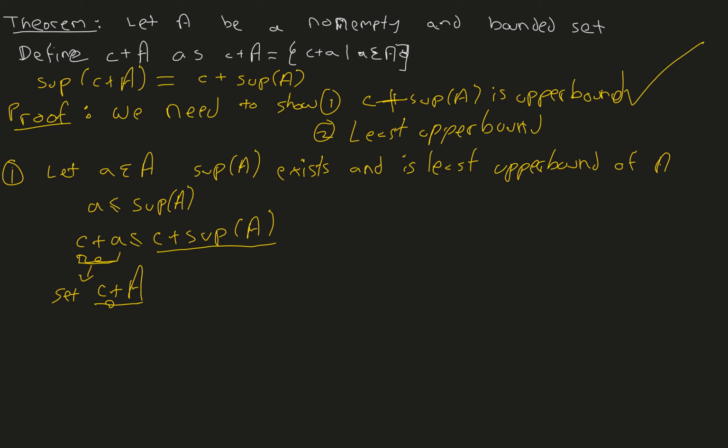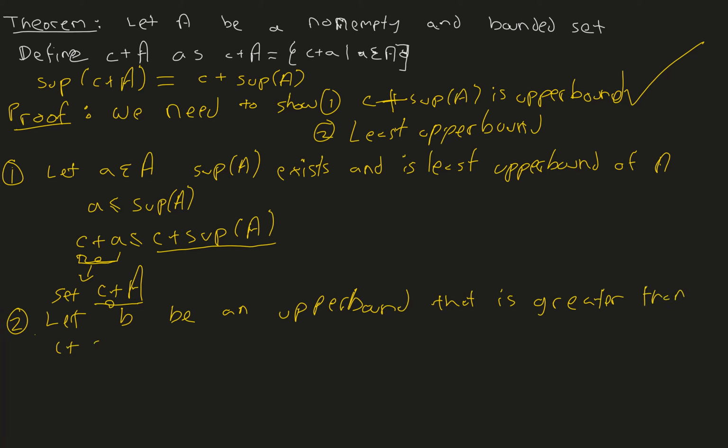Now we need to show that it is the least upper bound. So let's see how we can do that. So let B be an upper bound. Suppose for contradiction, let B be an upper bound that is less than C plus supremum of A. So we hope that something strange happens and it isn't possible.